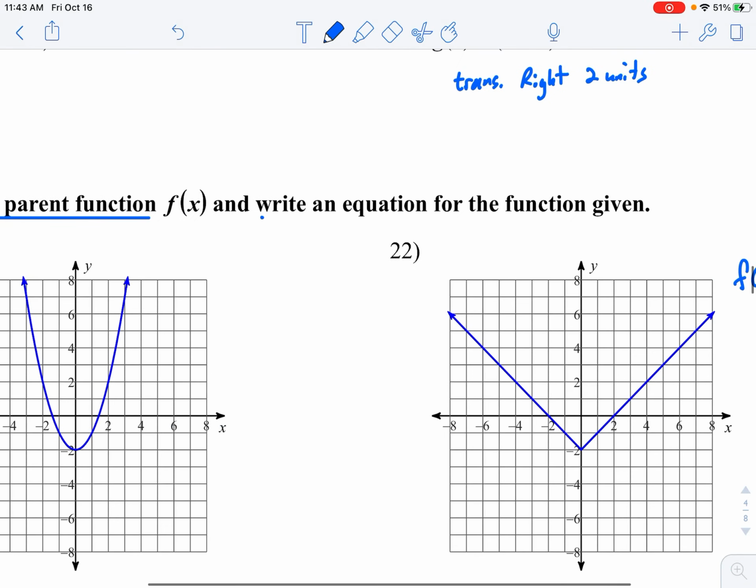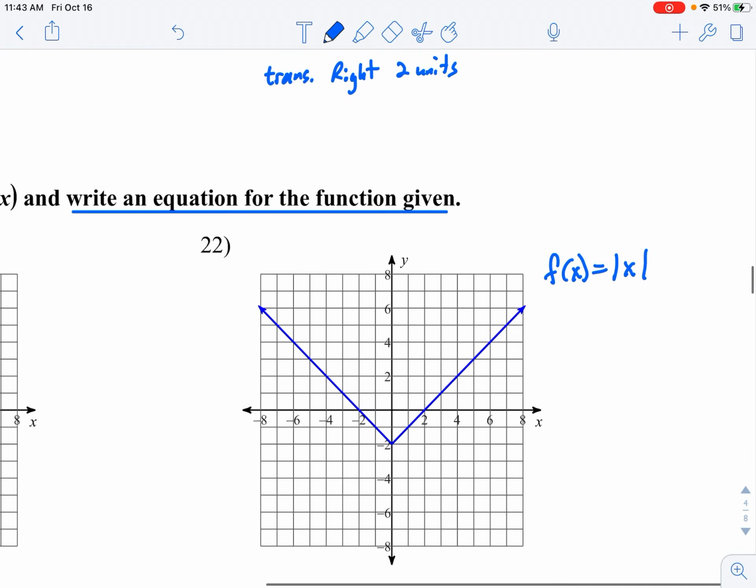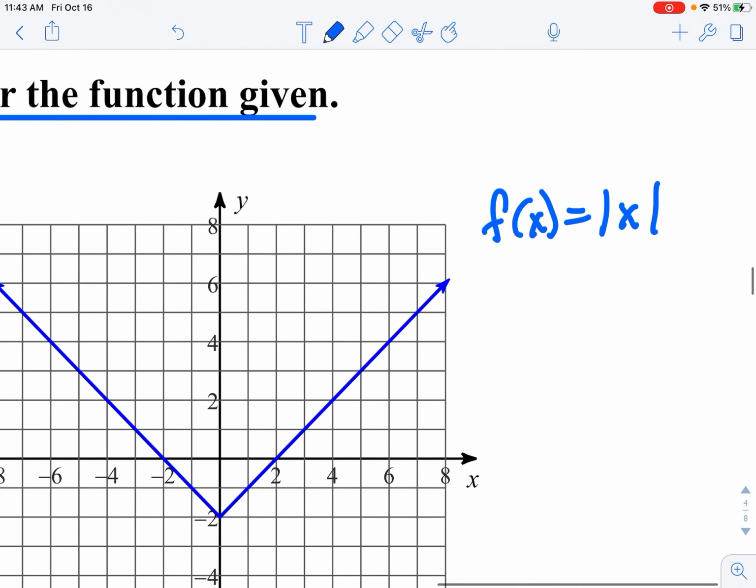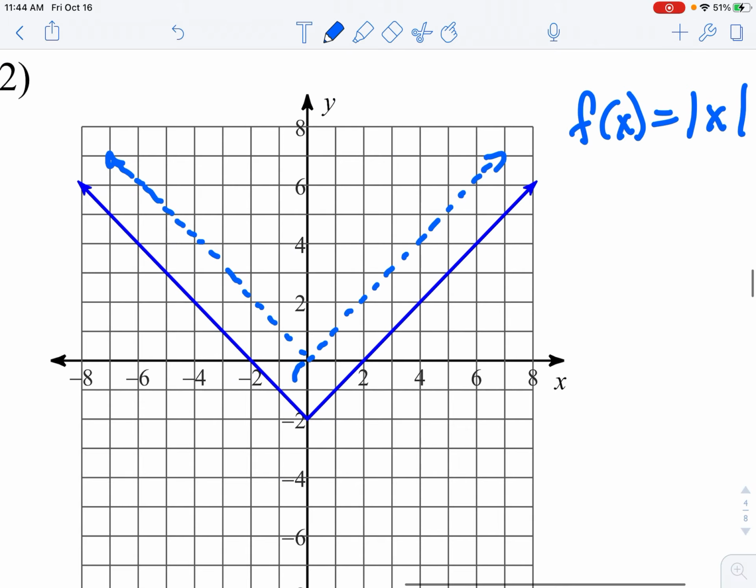The second part of the instructions, write an equation for the given function. Well, if you recall, a regular absolute value of x kind of looks like this. I'll do a dotted line to sort of indicate that it's just a thought process here. It's not actually part of our answer. The graph that's given is actually down 1, 2 units from there.